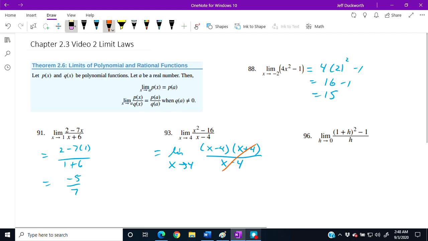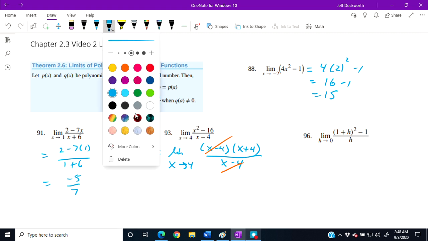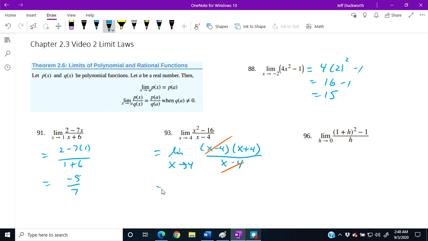Oop, and I canceled wrong. I can cancel these two. So that gives me the limit as x approaches 4 of x plus 4. And now we can just substitute in, so that's just 4 plus 4, which is 8.